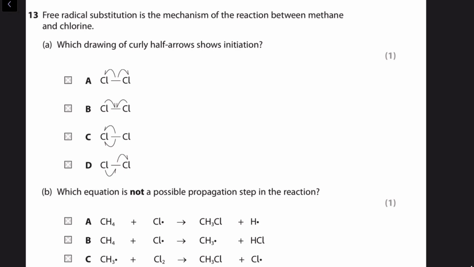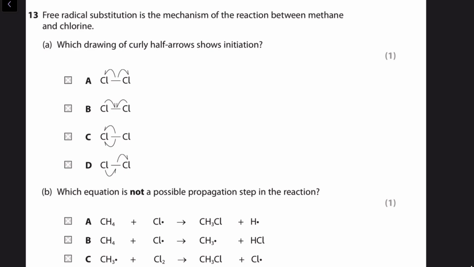Question number 13. Free-radical substitution is a mechanism of the reaction between methane and chlorine. Question A. Which drawing of curly half arrows shows initiation? And this is our first step of the mechanism, the initiation step. This step happens when UV light breaks this chlorine-chlorine bond by homolytic fission.